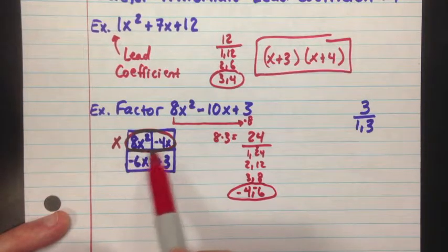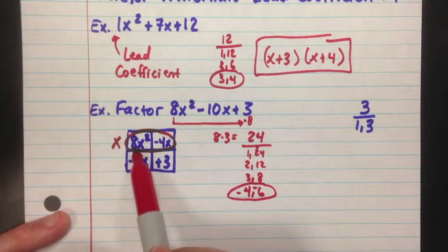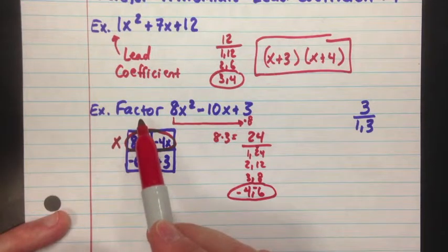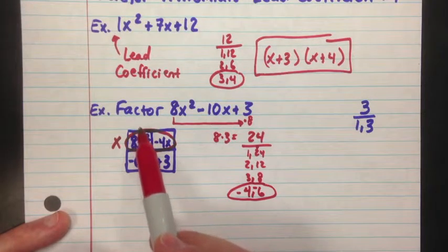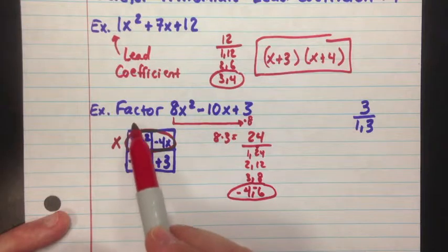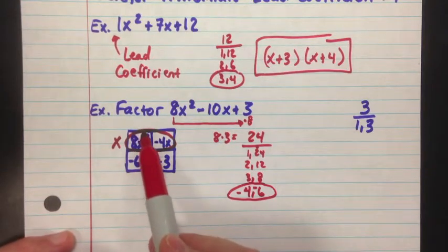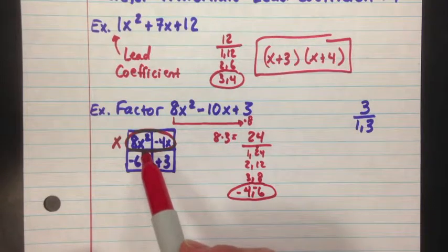I also have an 8 and a 4. This is not a 1x squared anymore, so it's not automatically x times x. Is it 4x times 2x? Is it 2x times 4x? Is it 1x times 8x? Is it 8x times 1x? I have all these possibilities and only one of them is right.